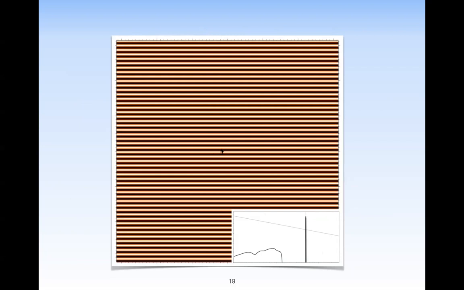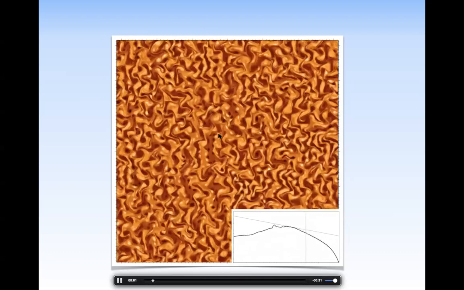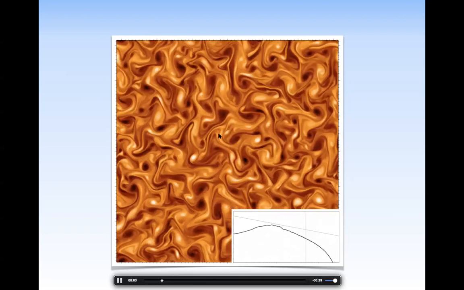Okay, so remember, I'll play this twice. The first time, I advise that you focus on the vorticity that I show in the background, and then the second time, just focus on the power spectrum. Once again, here we have the Kane turbulence, and the initial conditions are unstable. So as soon as the simulation starts, we see the formation of vortices.